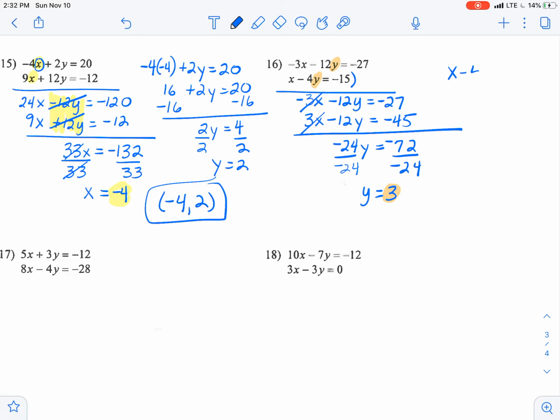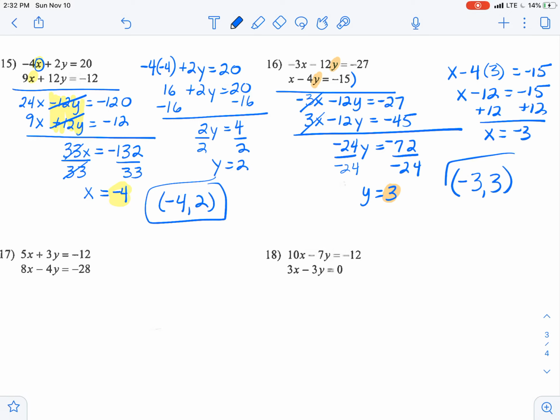So x minus 4 times the y equals a negative 15. So x minus 12 equals a negative 15. Then I'm going to add the 12. So x equals a negative 3. Therefore, my answer would be a negative 3, 3.